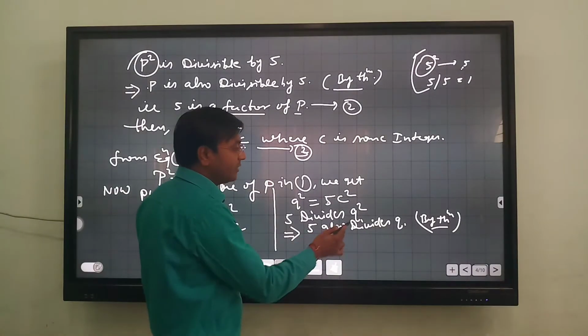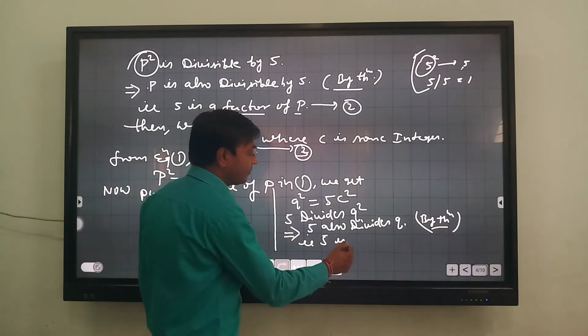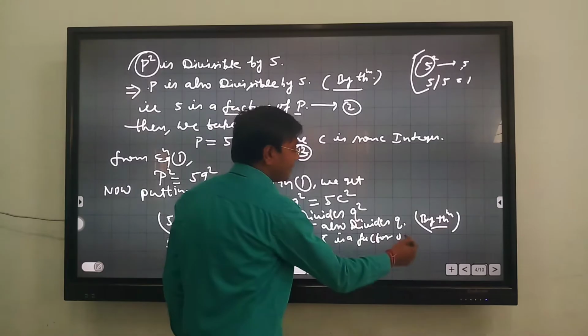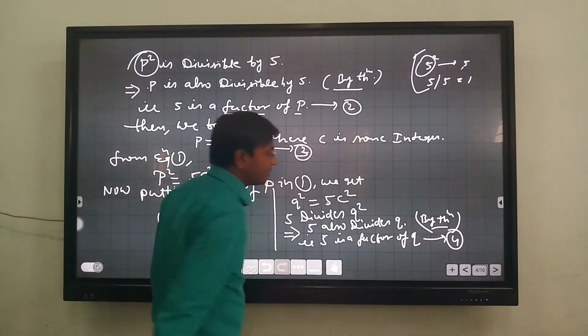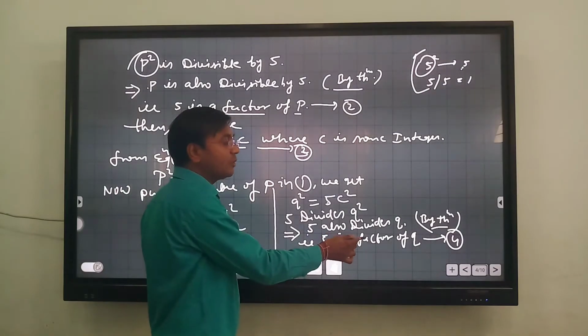So 5 also divides q. It means 5 is a factor of q. Assume this as equation 4, because 5 divides q, it means 5 becomes a factor of q.